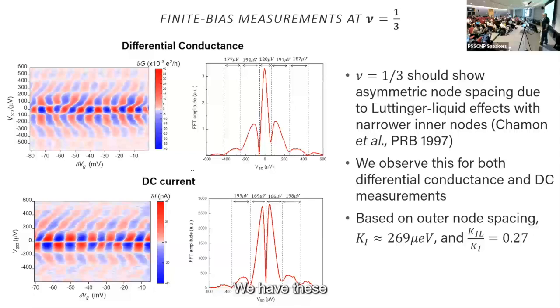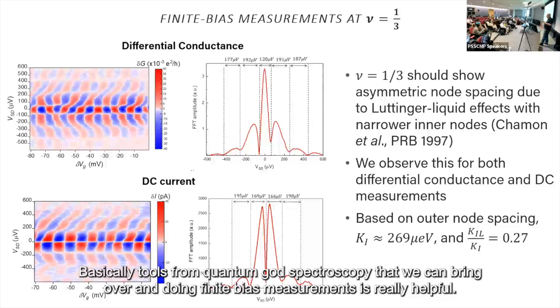And what I do want to emphasize is it's not just measuring interference. We have basically tools from quantum dot spectroscopy that we can bring over. And doing finite bias measurements is really helpful.